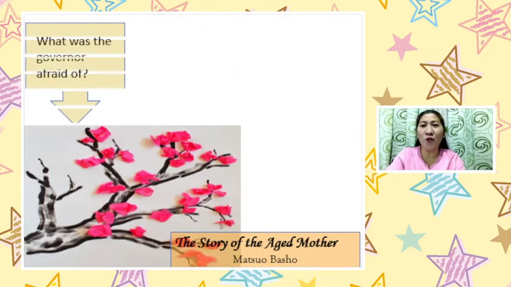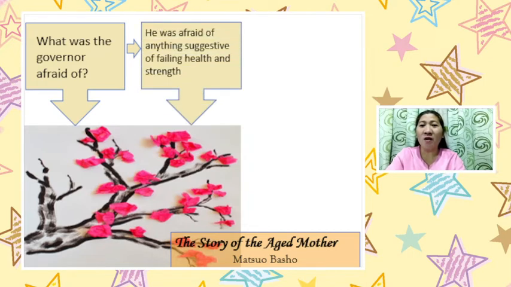What was the governor afraid of? Shinano was governed by a despotic leader, the governor, who, though a warrior, had a great and cowardly shrinking from anything suggestive of failing health and strength. That's why he gave a cruel proclamation, which served as the conflict in the story.